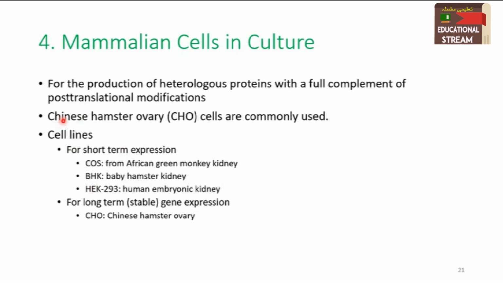If we want to express the protein for the short term, like transient expression, then we use COS, BHK or HEK293 cell lines. COS is from African green monkey kidney, BHK is baby hamster kidney, and HEK293 is human embryonic kidney. And if we want to express the gene in a stable system for the long term, then we use the Chinese hamster ovary, or CHO, lines.